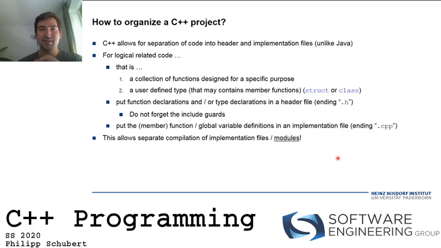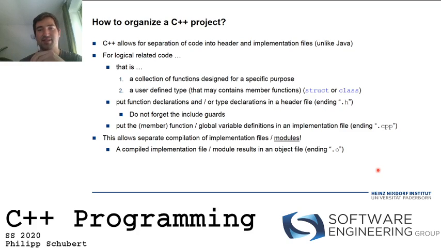And so what this allows really is separate compilation of implementation files, also known as modules. A compiled implementation file or module results in an object file, which ends on .o for object file.